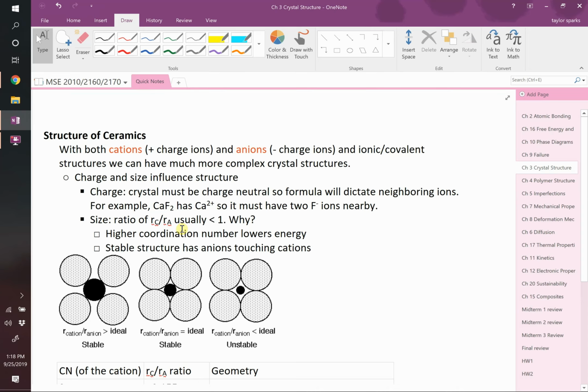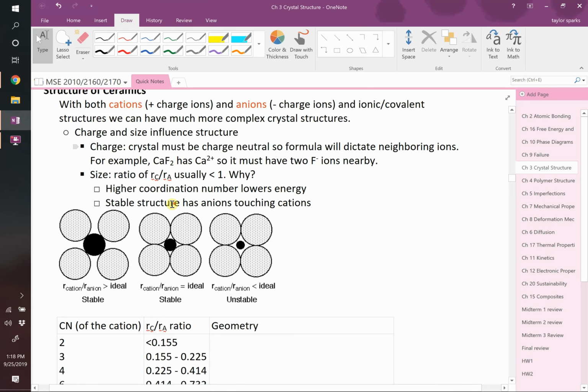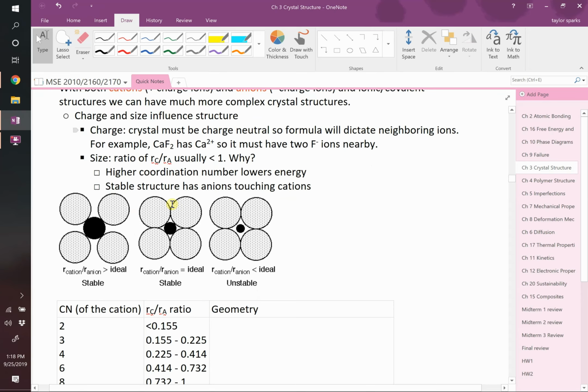Something that helps us figure out what structure it will be is taking the ratio of the size, okay? So how does this work? RC is the radius of the cation. RA is the radius of the anion. And if you take RC and you divide it by RA, it should be a number less than 1 because cations, because they've lost electrons, have shrunk in size.